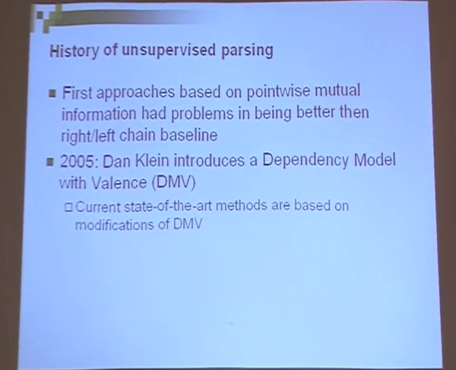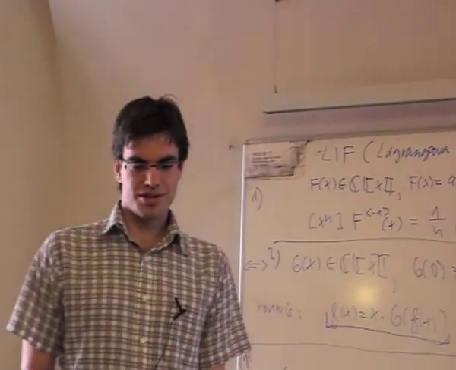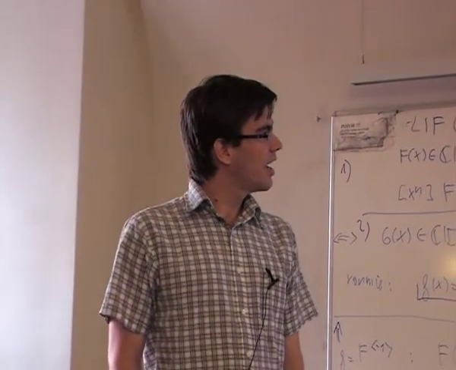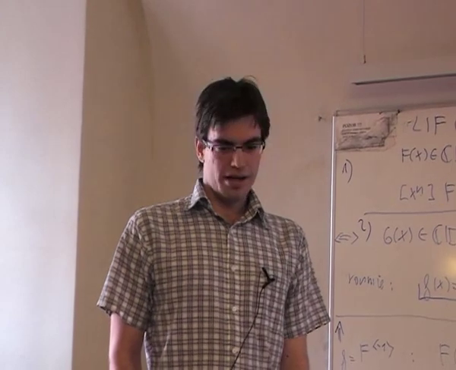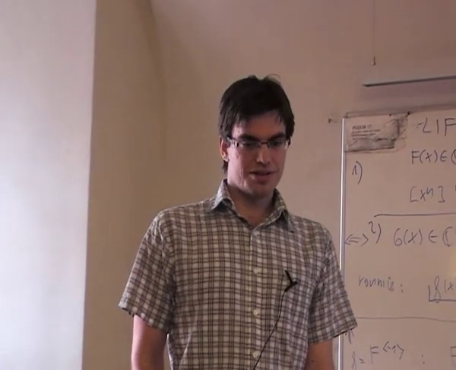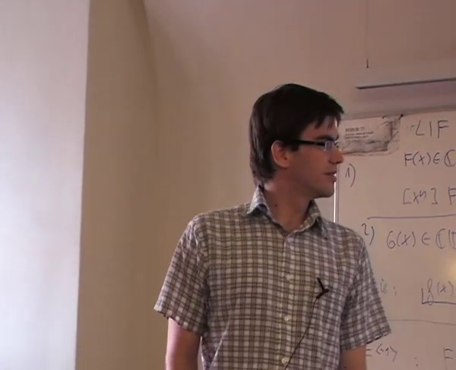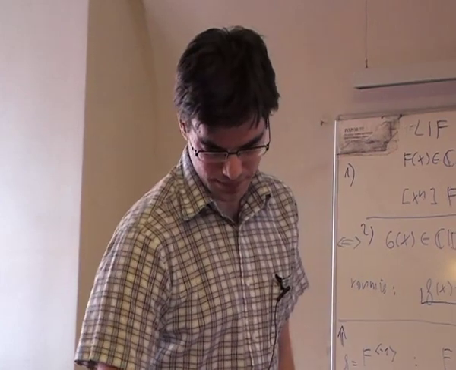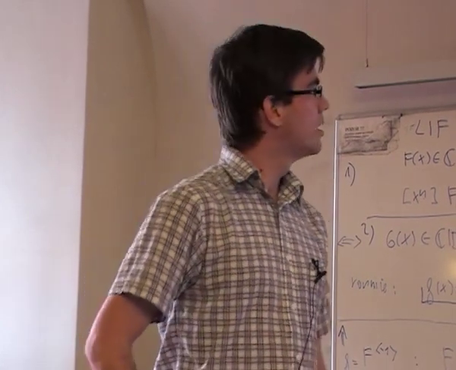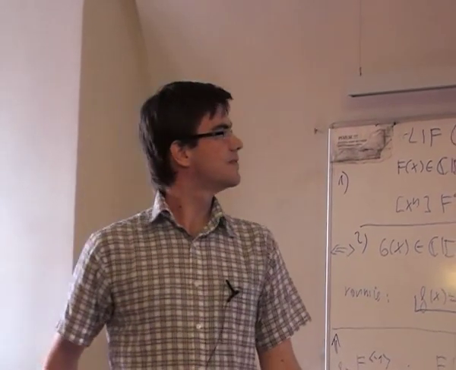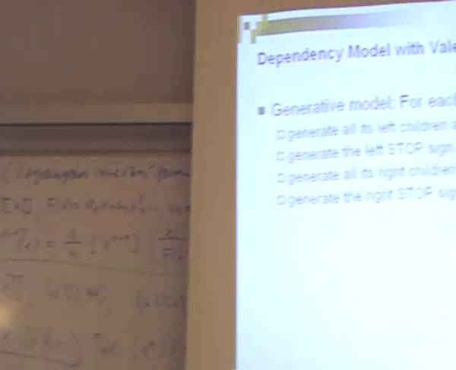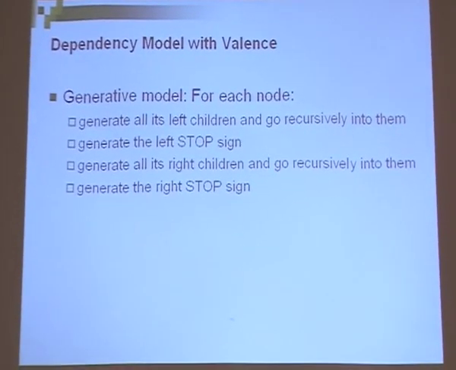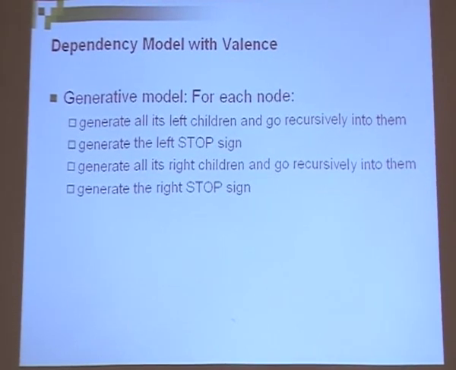In 2005, Dan Klein introduced in his dissertation the dependency model with valence, which was very important, and it is used until now in the state-of-the-art methods for unsupervised parsing. The dependency model with valence is a generative model, and the generative story is the following.